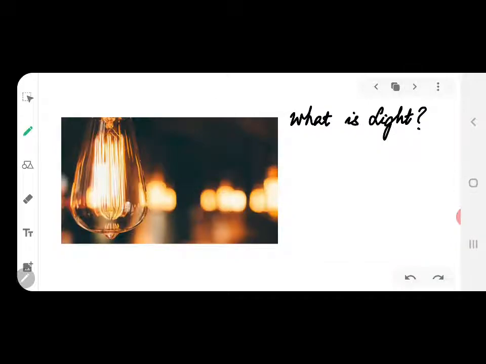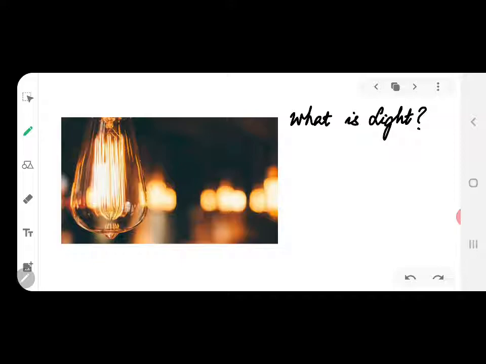So obviously the very first question that arises in our mind when this word light is to be dealt should be, what is light? We ordinarily see the objects around us in the world. However, we cannot see anything in a dark room. On lighting up the room, the objects present in the room become visible.